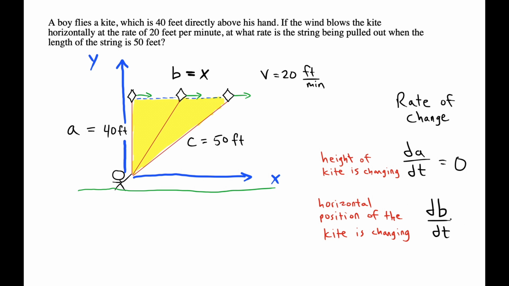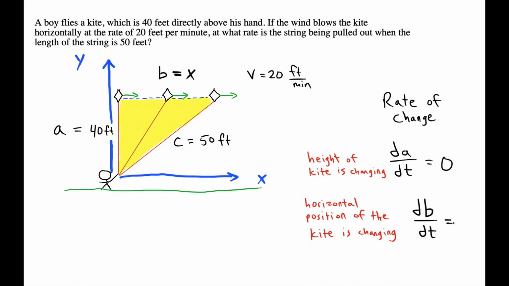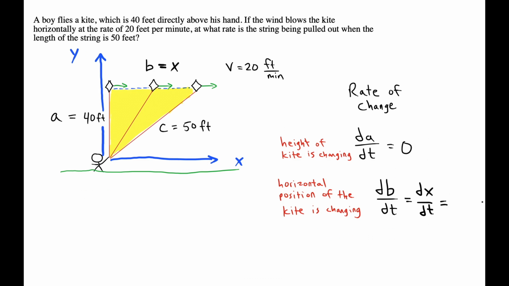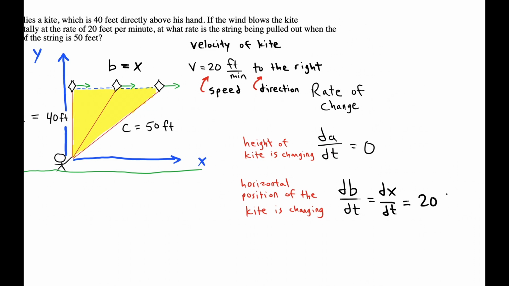And so we could call this dB over dt, or else we could rename it if we wish, dx over dt. And this is going to be given by the velocity of the kite. It's 20 feet per minute to the right. You could describe a velocity by telling how fast it's moving. That's the speed. And then also tell the direction as well. And so dx over dt is the 20 feet per minute.